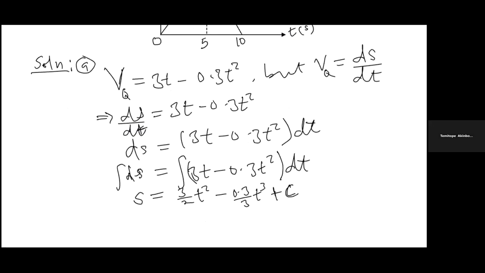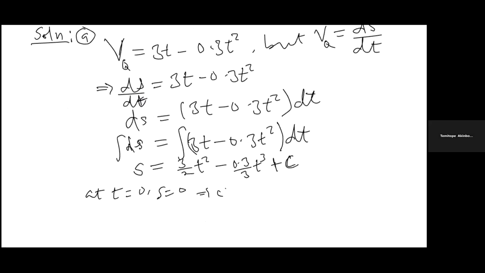So at t equals 0, s is 0, which implies that c is 0. Therefore, s equals 3 over 2 t squared minus 0.3 over 3 t raised to power 3.